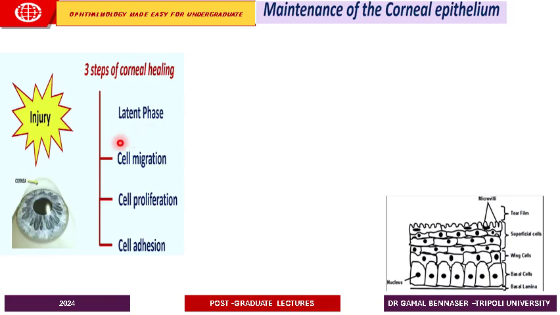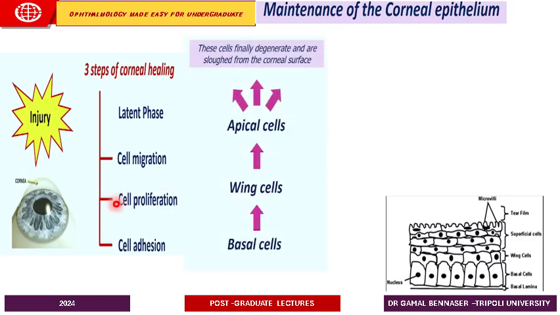Then the cells migrate from the limbal stem cells toward the basal layer of the epithelium, and then they differentiate or proliferate to amplifying cells, as I said before. And these amplifying cells will continue to proliferate and migrate centripetally in the corneal epithelium till they reach the surface epithelium and undergo a final differentiation.